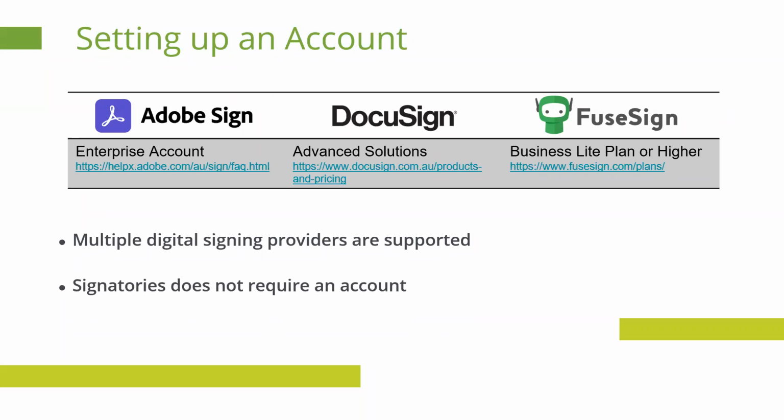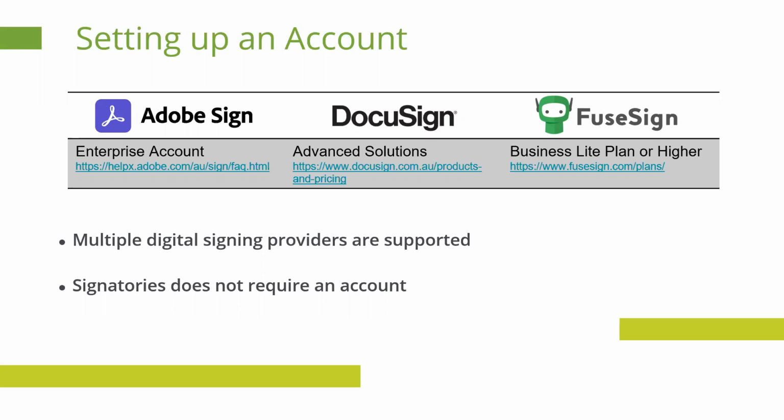We also get questions on whether these signatories require an account. And the answer to that question is no. Only the CAS 360 license requires a digital signing account. The signatories themselves don't require an account to proceed with signing.